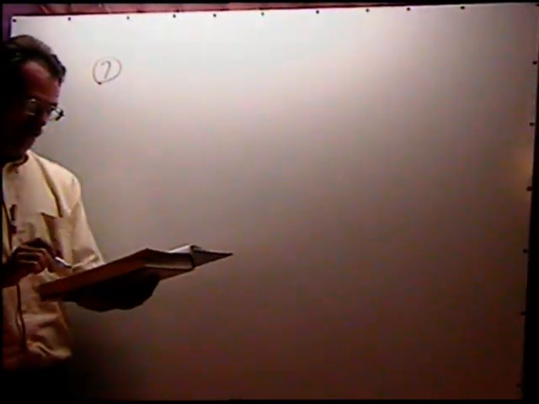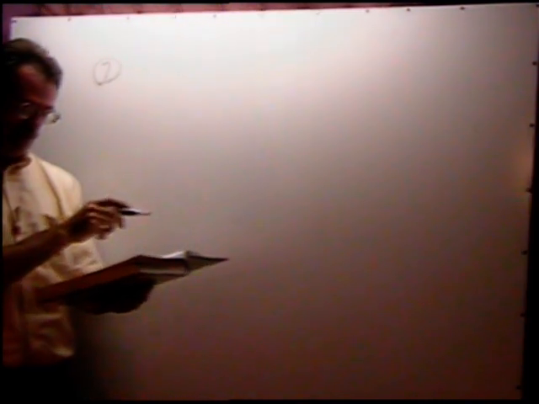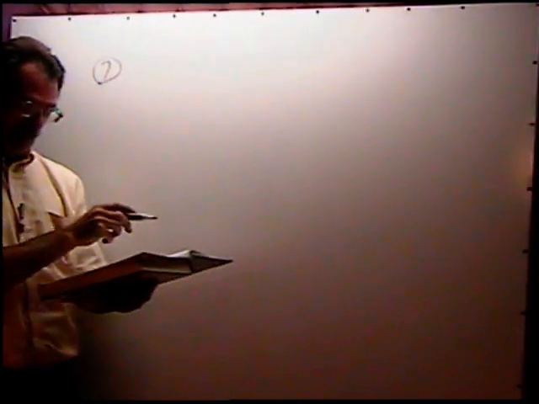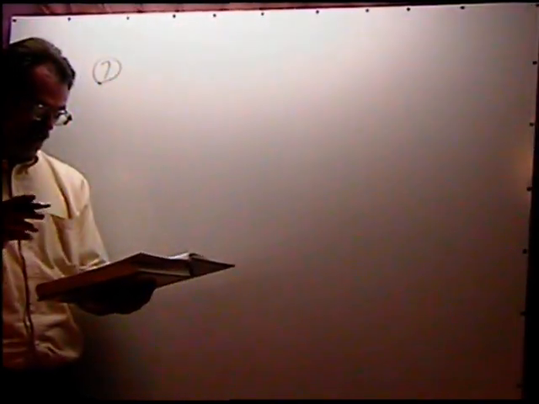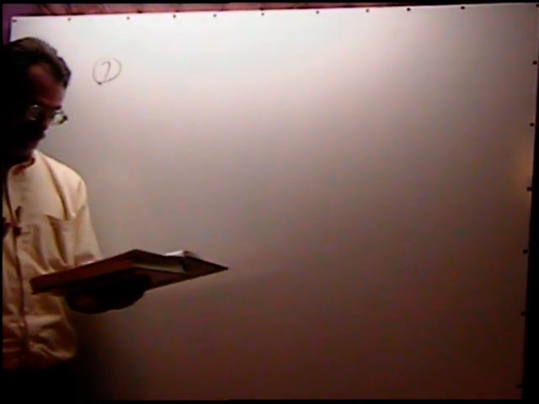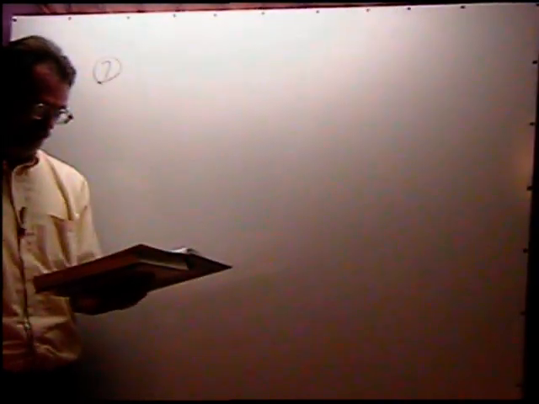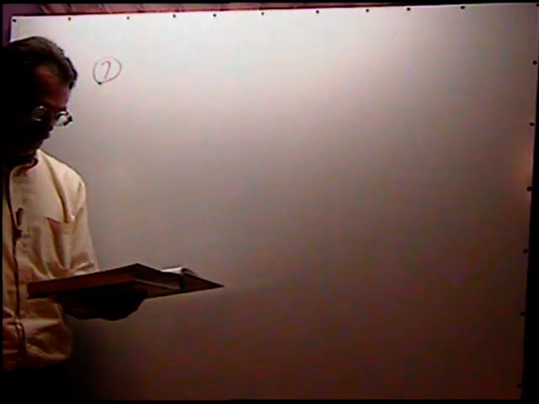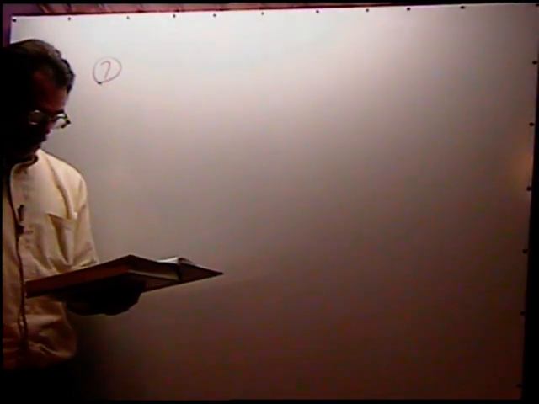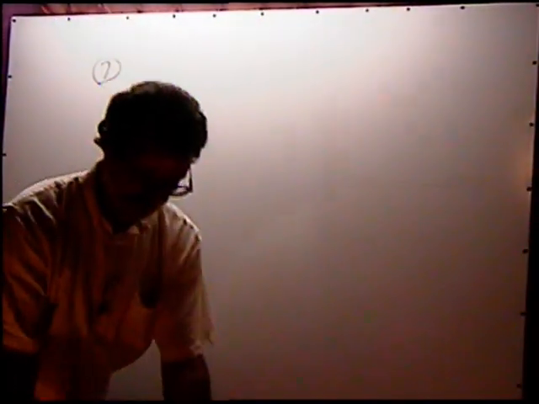A train is traveling with an initial velocity of 20.1 meters per second. If the brakes can be applied with an acceleration, it gives you what that acceleration is, minus 0.0500 meters per second squared. How long will it take for the train to stop? Oh, that's a very good question.